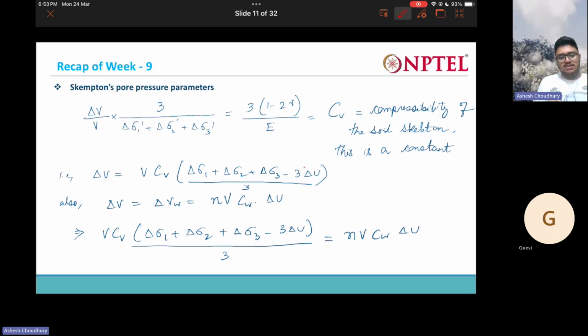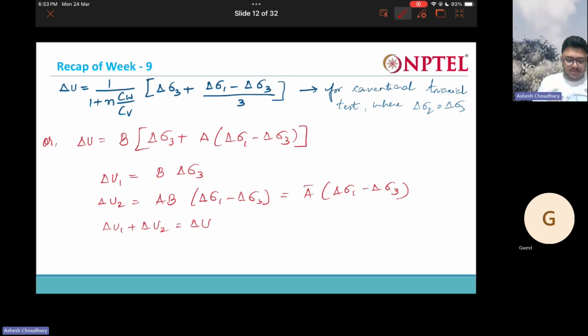Hence we can write delta u is equal to 1 by (1 plus n Cw by Cv) into [delta sigma 3 plus (delta sigma 1 minus delta sigma 3) by 3]. This is for the conventional triaxial test, where delta sigma 2 is equal to delta sigma 3 and you are increasing sigma 1 only.